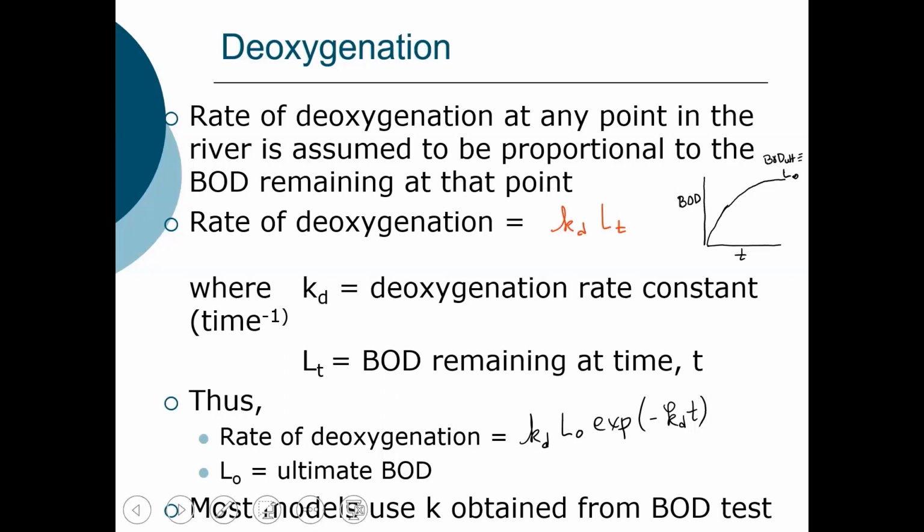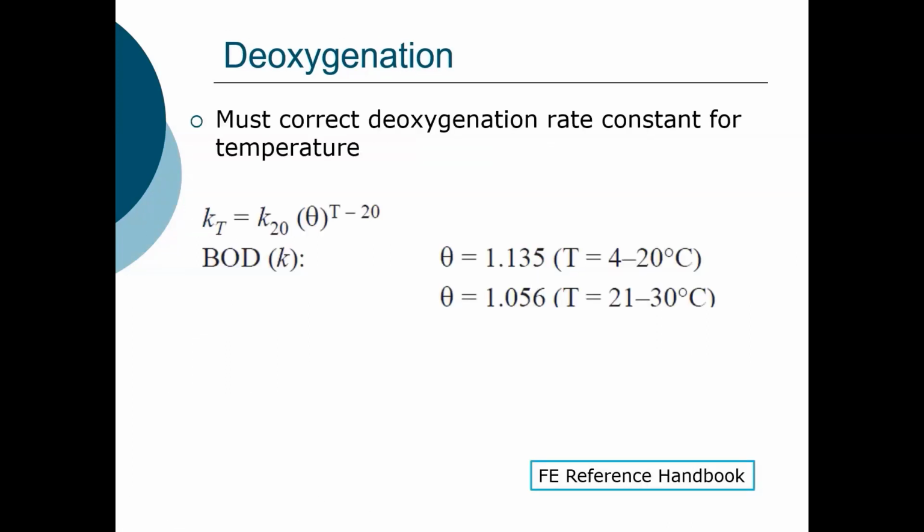And the ultimate BOD is what we use in the DOSAG curves because we want to know how much oxygen can be consumed, and we're looking at that over a significant period of time. The deoxygenation rate constant needs to be adjusted for temperature.